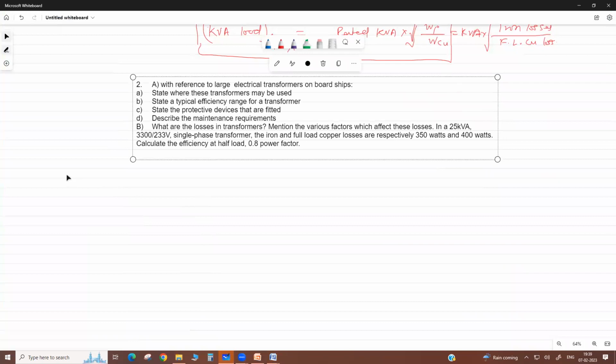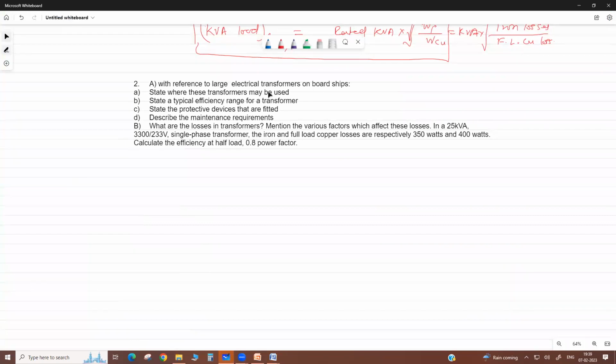Question number 2: with reference to the large electrical transformer, define it and state where it is used. On board, we use a 3-phase delta connected transformer in the main HT system, which is 6.6 kV, in the main diesel electric propulsion.